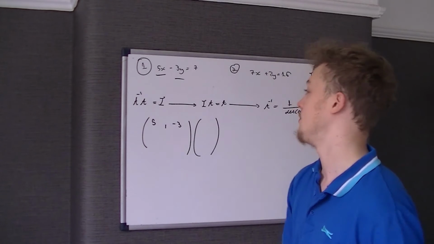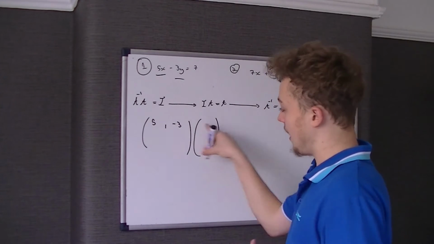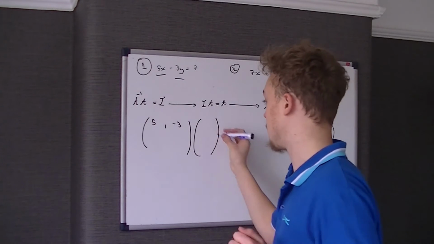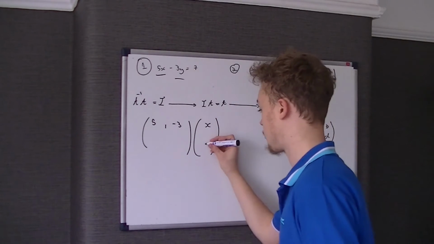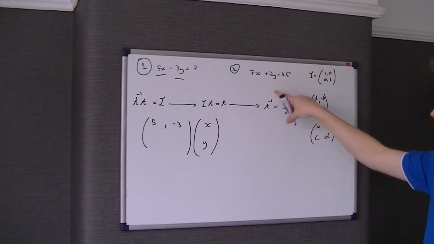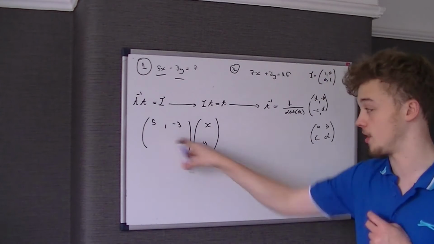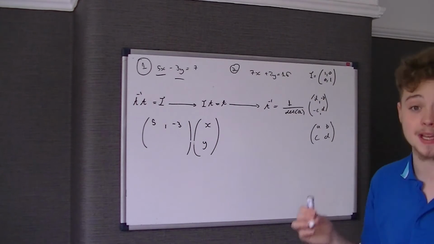We'll worry about the 7 later on. What we've got here is we need 5 times something to get us 5x, which is obviously x, and minus 3 times something gets us minus 3y, which quite clearly is y. Similarly, because we've got x and y here, we use the same method for the next row. So we apply the same thing we've done here to this next equation.